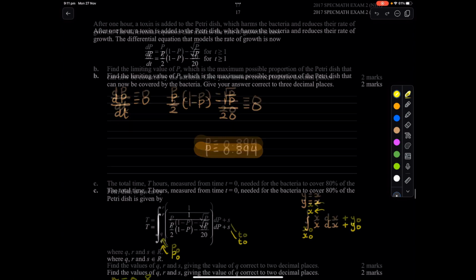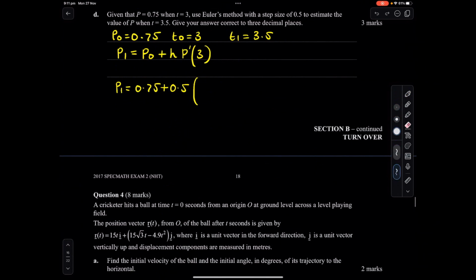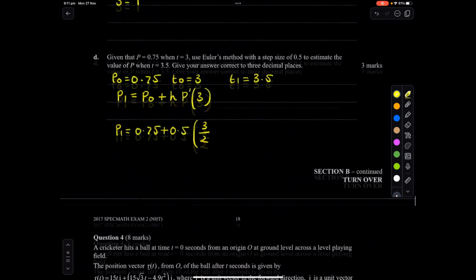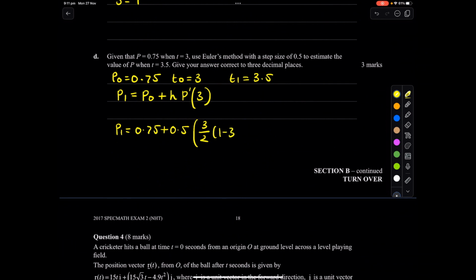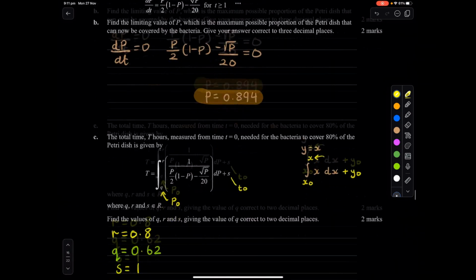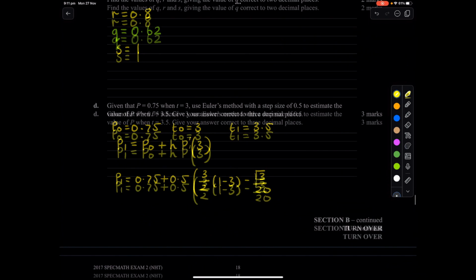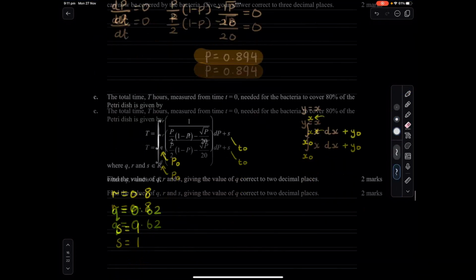Let's do that. So 3 over 2, 1 minus 3, minus root 3 over 20. And that's it.